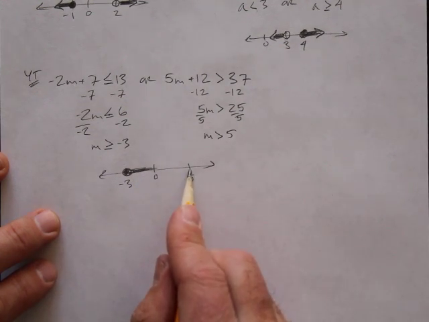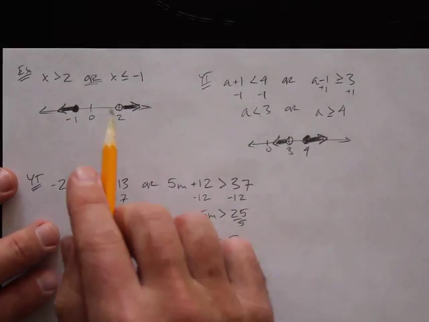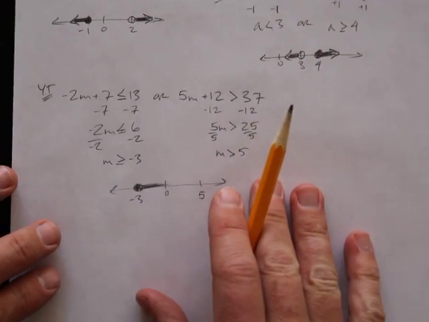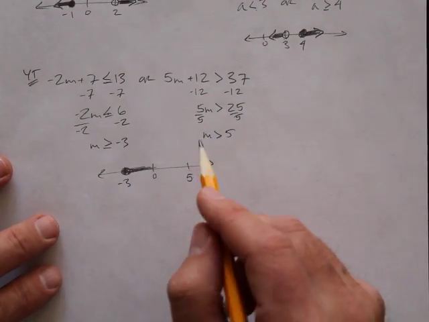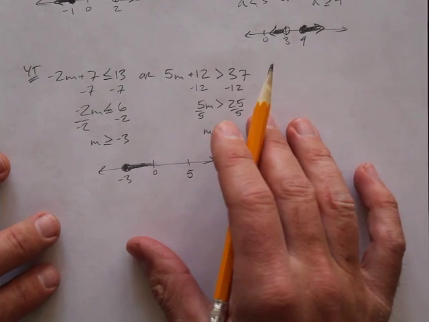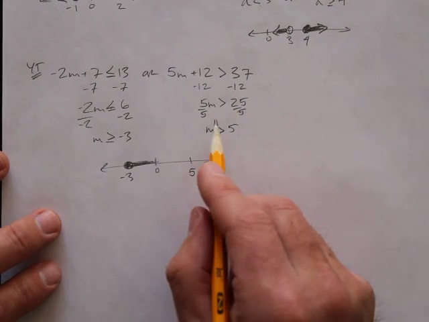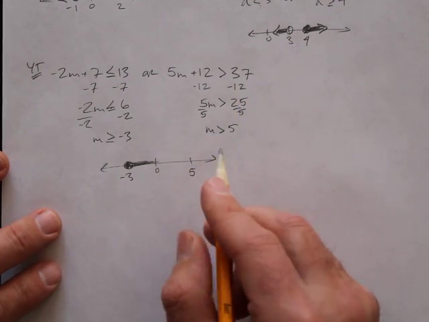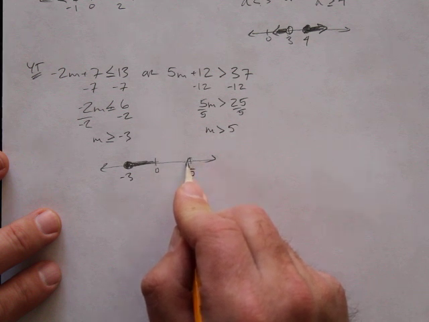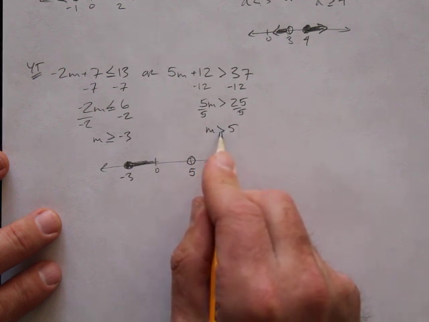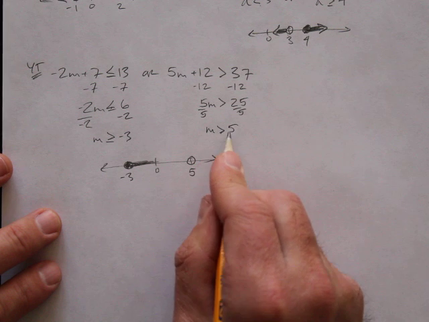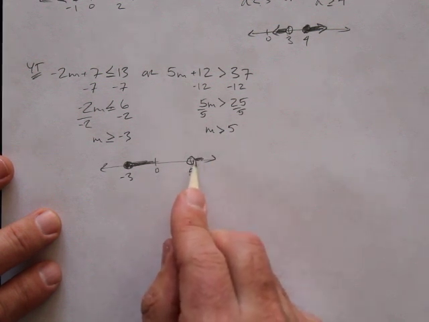Notice how it's going toward this 5, which is something we haven't had with these ors yet. And you're not going to see very often at all with or, but you might see it here and there, and maybe on the test. M is greater than 5. So I have an open circle, because 5 is not included here.